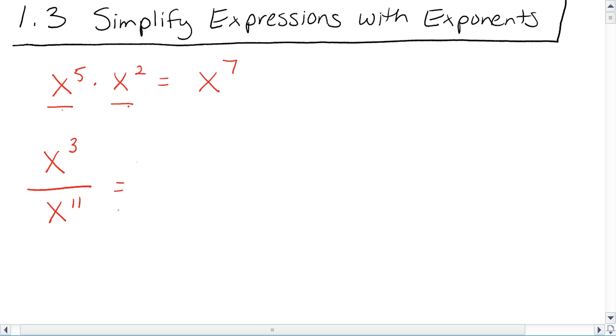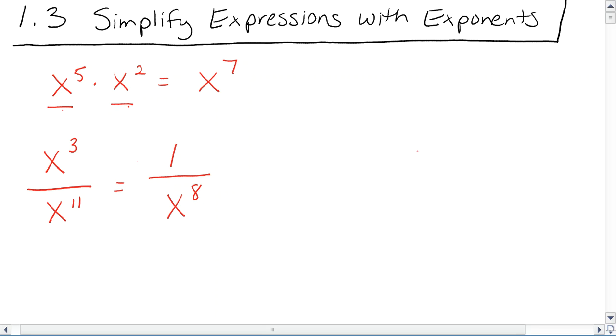The denominator would be x times itself 11 times. So if one of these x's on top canceled out one of these x's on the bottom, you would have 8 x's left on the bottom, or x to the 8th power, and it is located in the denominator, so the answer would be 1 over x to the 8th.